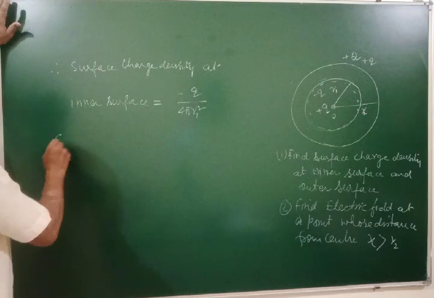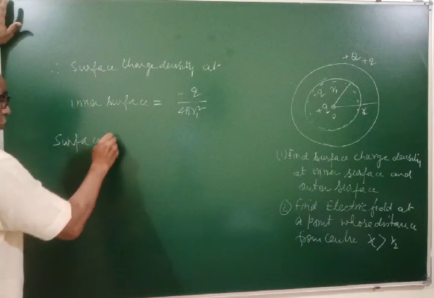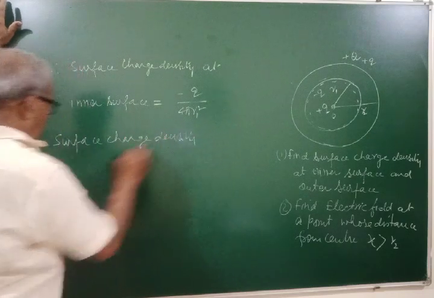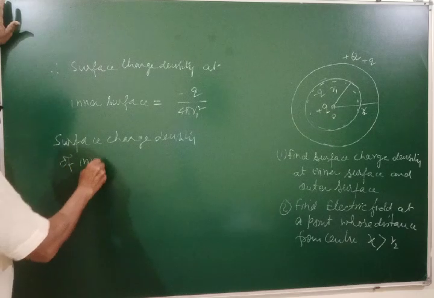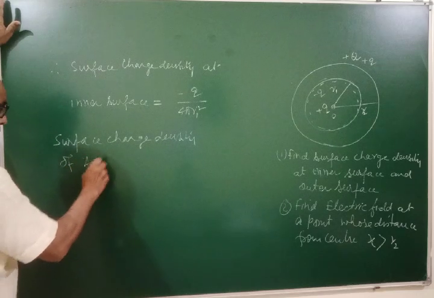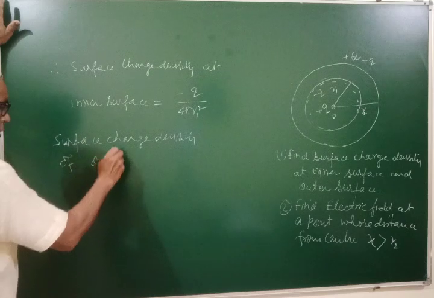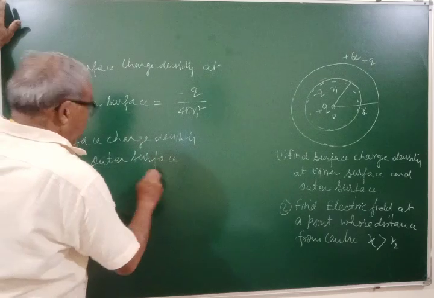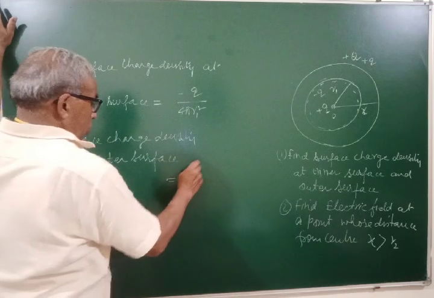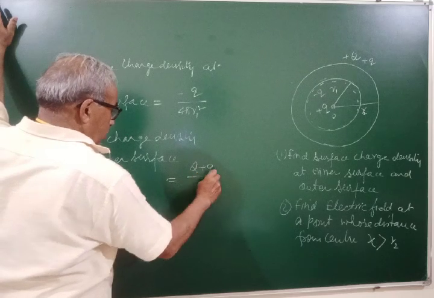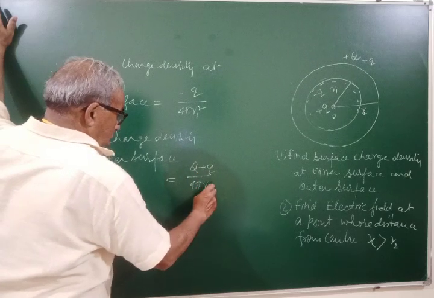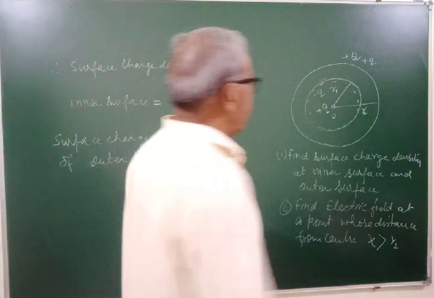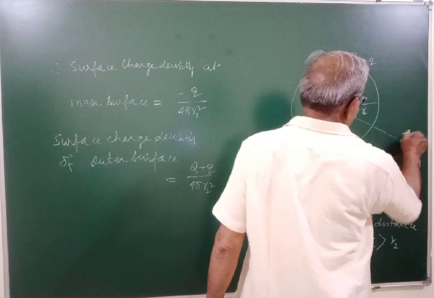Similarly, the surface charge density of the outer surface is equal to capital Q plus small q upon 4 pi R2 square. A simple case, and then he asks you what is the field at the point P at distance x.